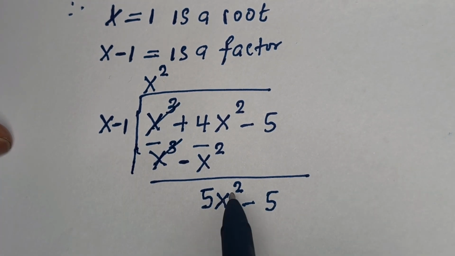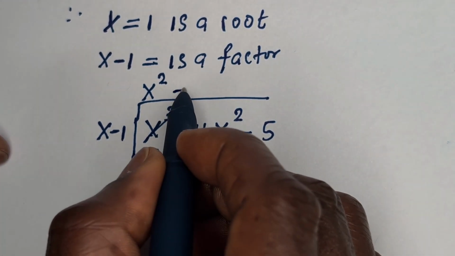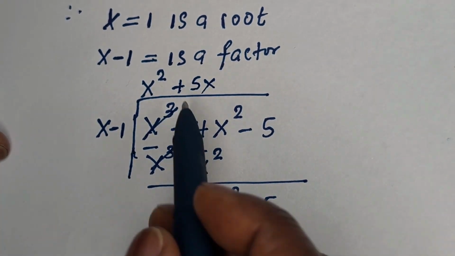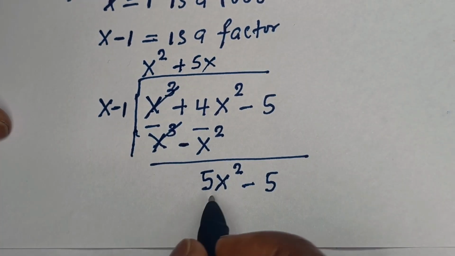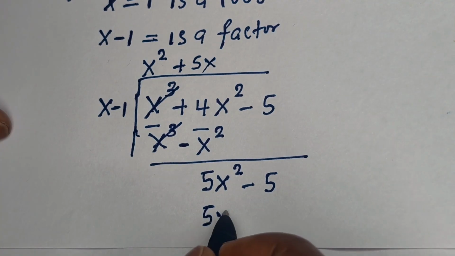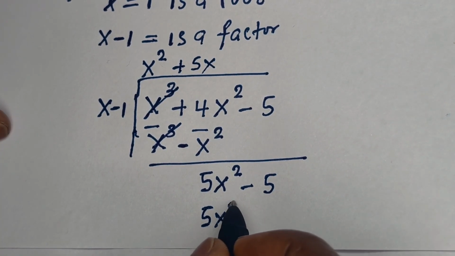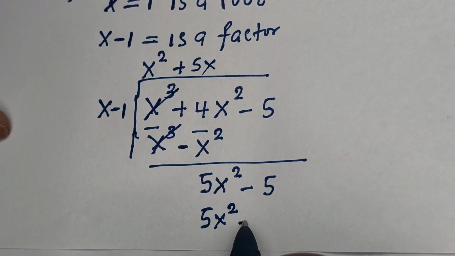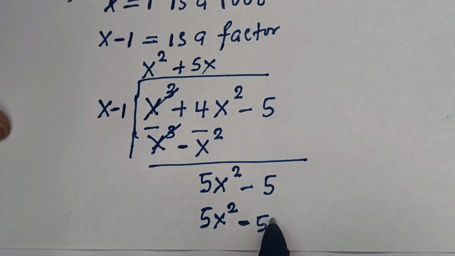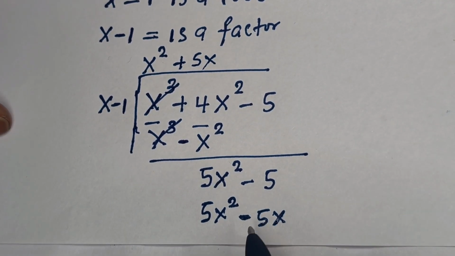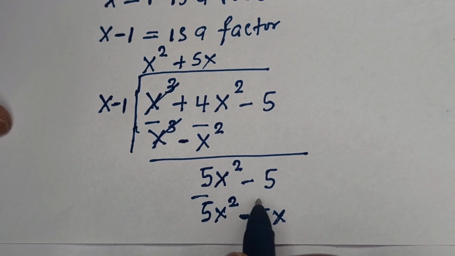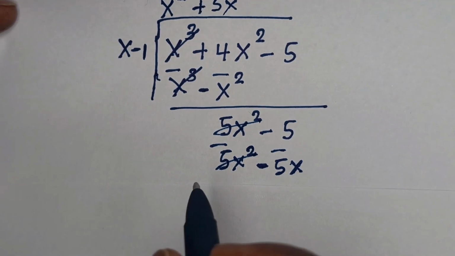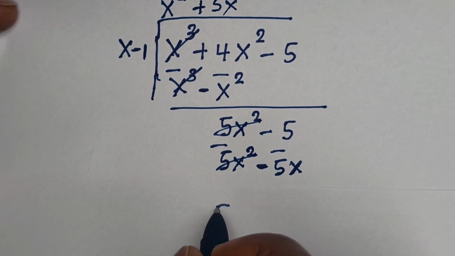s goes in 5s squared. Here is plus 5s. Now 5s multiplied by s is 5s squared. 5s multiplied by minus 1 is minus 5s. Now let's multiply this by minus 1 again. This cancels this. Then here we have 5s.